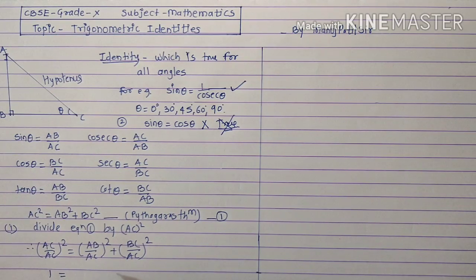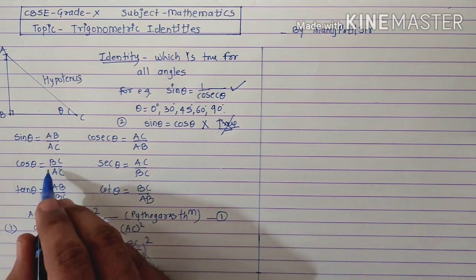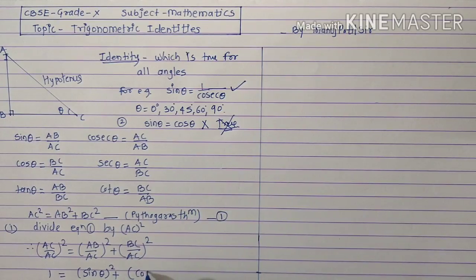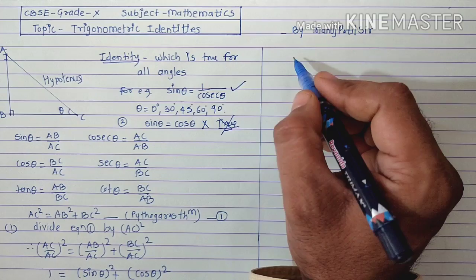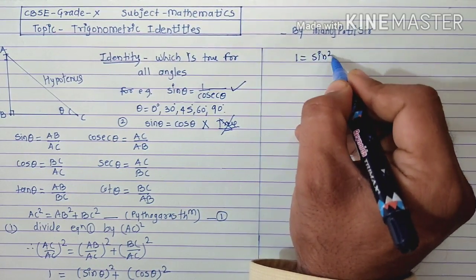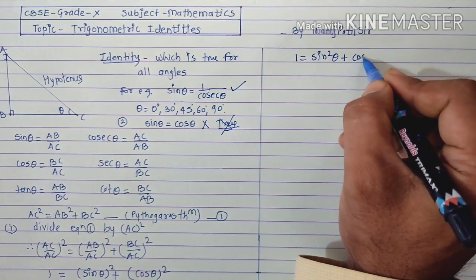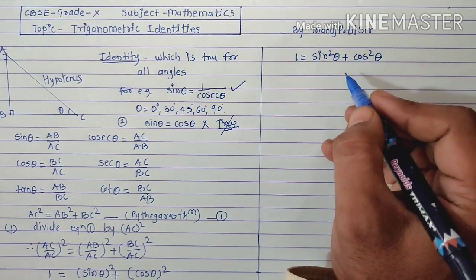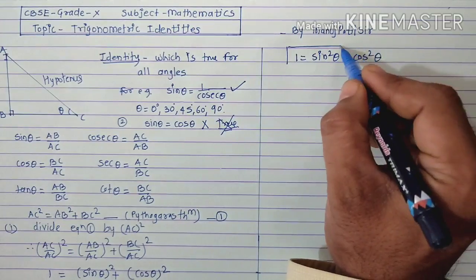AB upon AC is sin theta, so we write sin square theta. BC upon AC is cos theta, so we write cos square theta. Therefore the first identity is 1 is equal to sin square theta plus cos square theta.